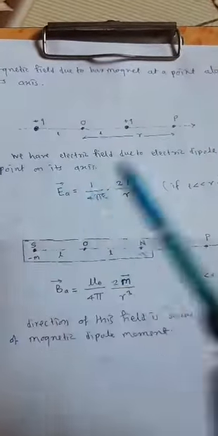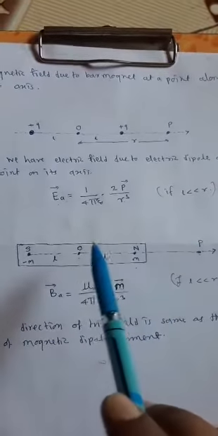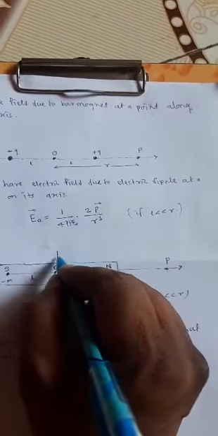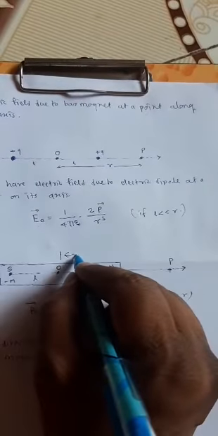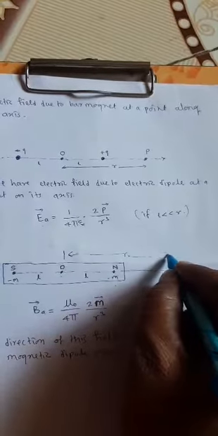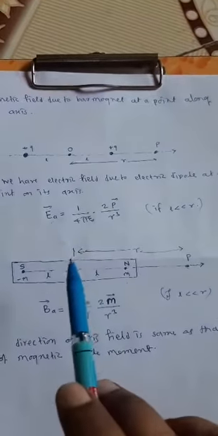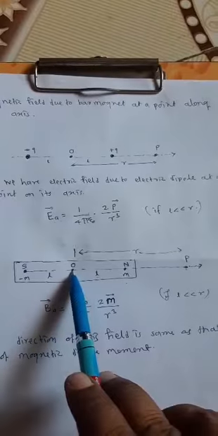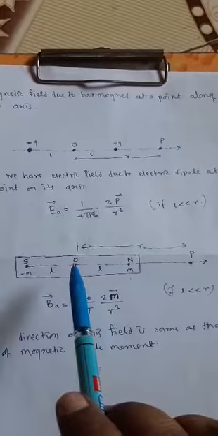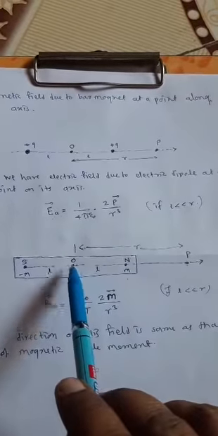Using this concept, we have to write the expression for magnetic field. Let us consider this point P is situated at a distance r from the center of the bar magnet. It is the magnetic dipole.